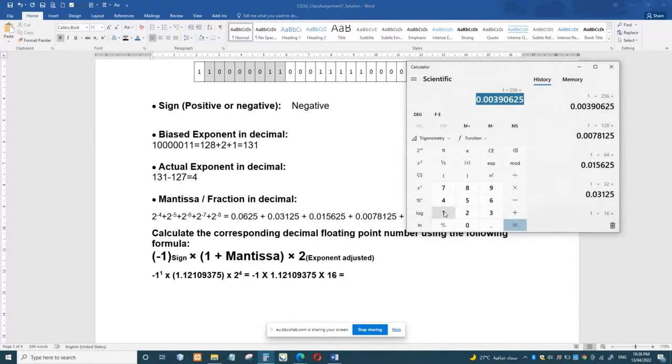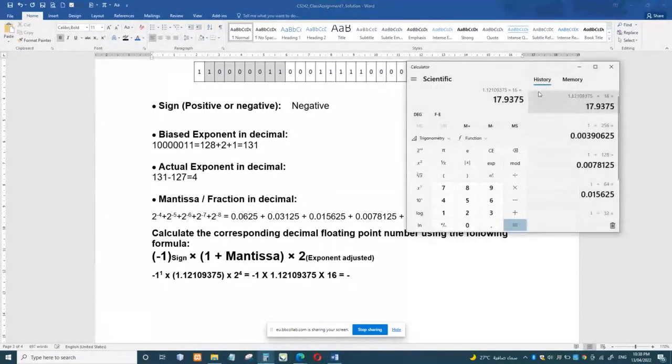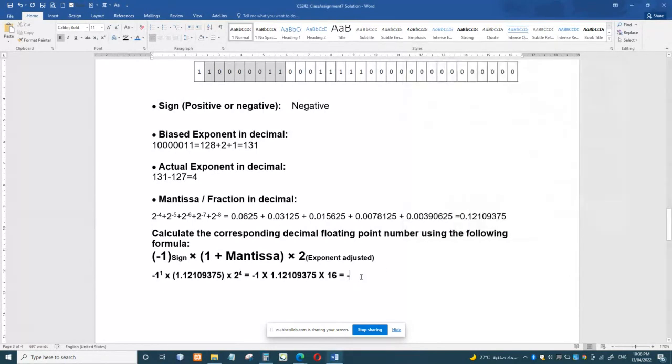Let's see. 1.12109375 multiplied by 16. Why 16? Because to the power 4 is 16. So finally we are getting minus 17.9375. That's the representation of the number that is given here.